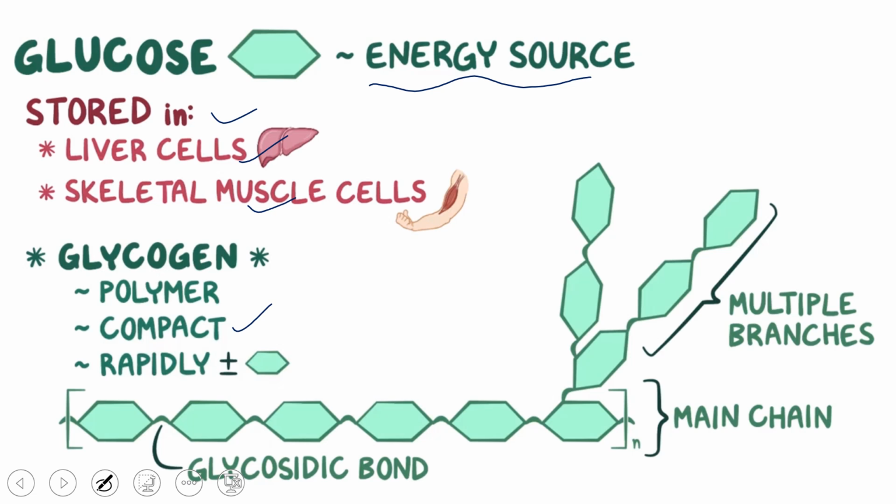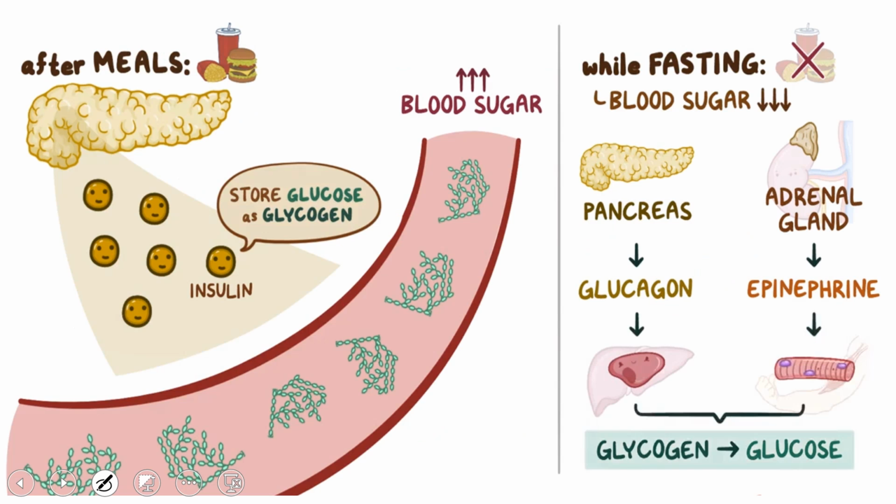In glycogen we have glycosidic bonds, either alpha 1,4 glycosidic bonds, or at the branching points 1,6 bonds, and they have multiple branches. Whenever we require glucose, glycogen is metabolized, meaning the 1,4 bonds and 1,6 bonds are broken down, and ultimately we get glucose.